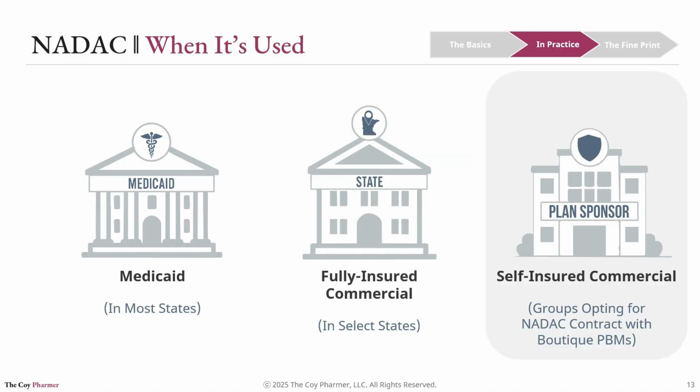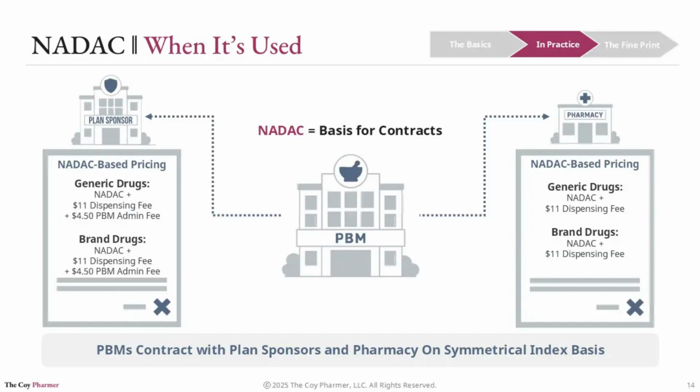And then finally, there are some self-insured commercial payers that opt into NADAC-based payments because they feel that the contracting methodology is superior to AWP-based pricing. There are a handful of boutique PBMs who will offer this type of contract on a NADAC basis to commercial payers.